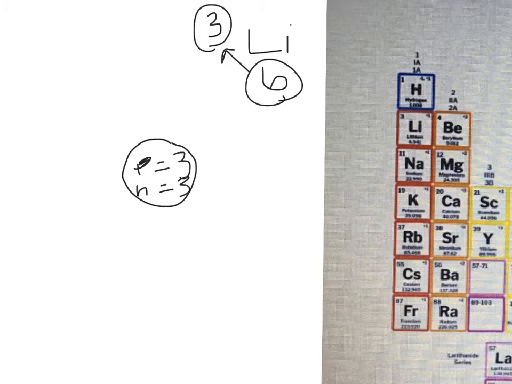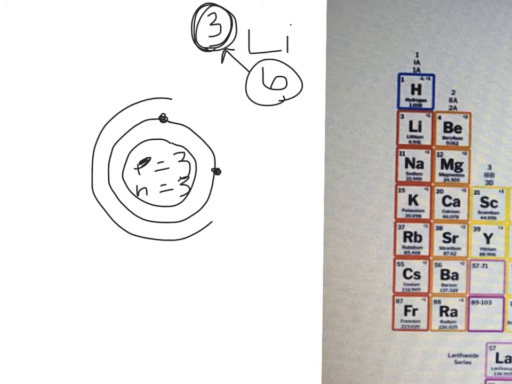And how many electrons we have, that's looking at the atomic number as well. So we'll fill in this first energy level. The first energy level only holds a max of 2 electrons. So here's 1, here's 2, but lithium has 3, so we now need to move to the second energy level, and we need to put the third one in. Okay, so here's the atomic structure for lithium.